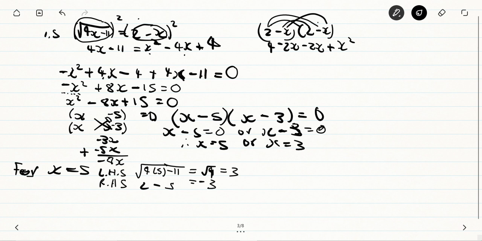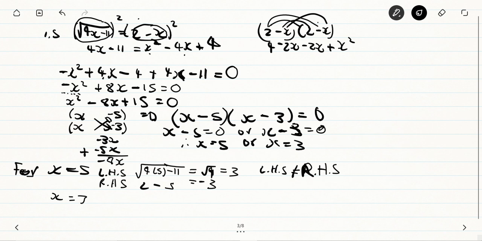Because the left-hand side is not equal to the right-hand side, x is equal to 5 is not a solution. And for x is equal to 3, you will find that it also doesn't give the right answer.